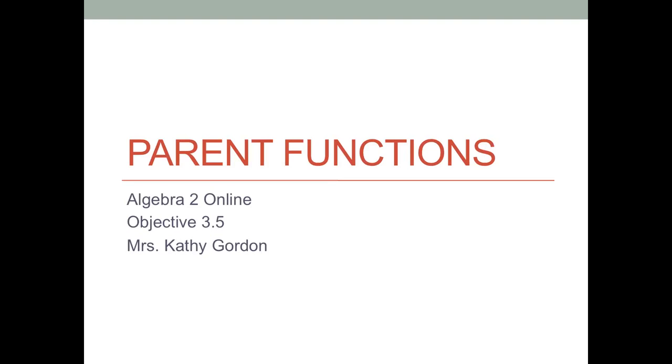Objective 3.5, Parent Functions. Chapter 3 is a little bit different than a lot of our other chapters because there's really almost two distinct parts to it. In the first part that we did up to our first quiz, we were looking at a specific type of expression, an equation, which is when we have radicals or exponents with rational numbers.